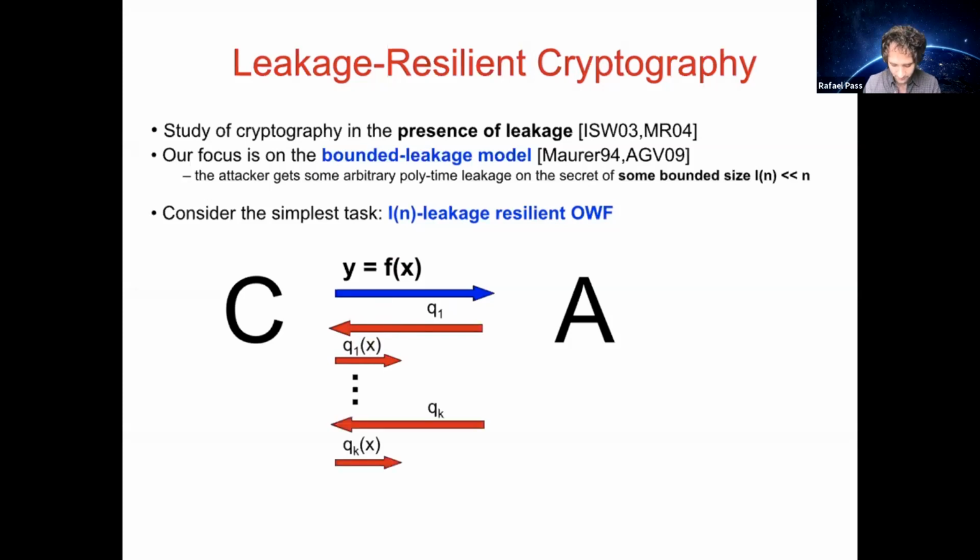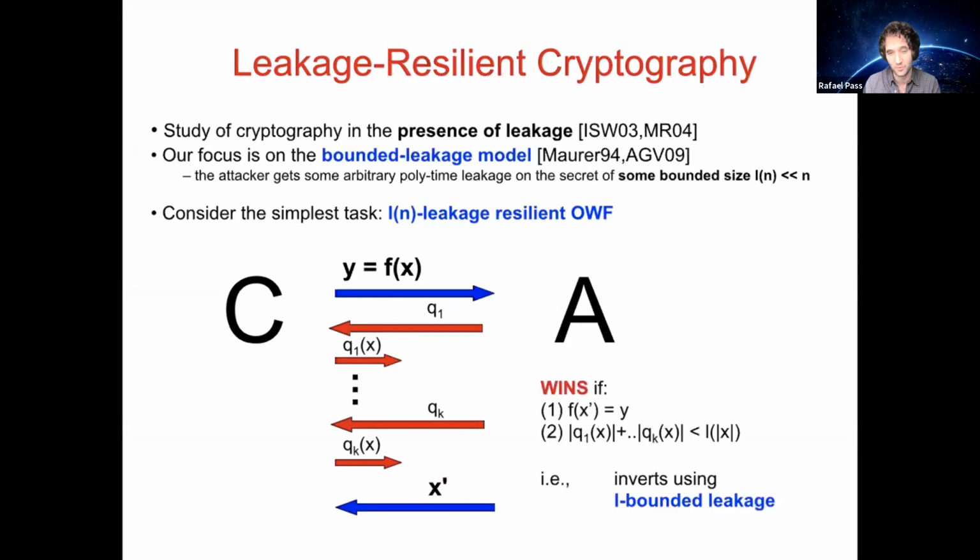And eventually, the attacker is supposed to find this pre-image X prime. We say the attacker wins if, first of all, he manages to invert, and additionally, the total length of leakage respects the leakage bound L. So summarizing, the attacker wins if he manages to invert using a bounded amount of leakage.